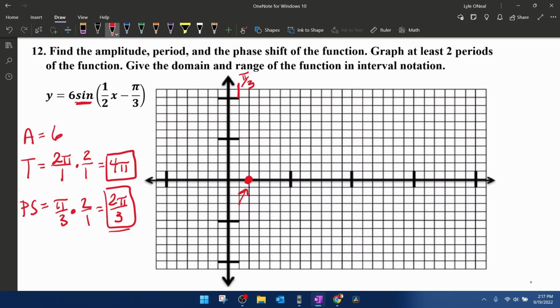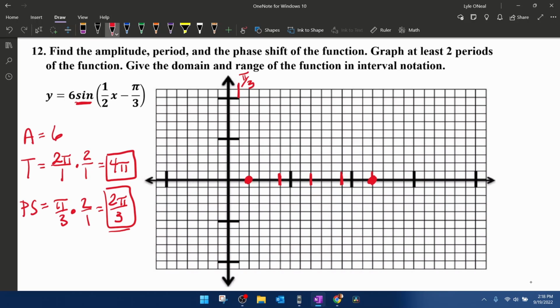Okay, so we're starting here. I'm going to go 3 spaces, and that will be a pi. There's 1 pi, 2 pi, 3 pi, 4 pi. You with me? That lays out my wavelength. I can go ahead and put a dot here because it's going to finish where it starts.